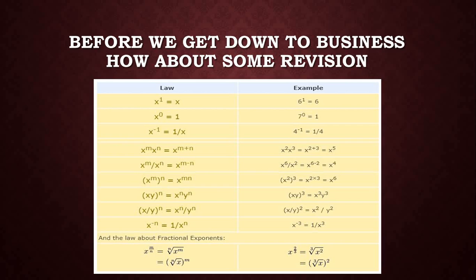To put that in a way that you will understand, imagine now having x to the power of 2 over 3. You're going to say the cube root of x to the power of 2, or x squared. You can actually take this square and put it outside the bracket, whereby the answer will be the cube root of x, squared.